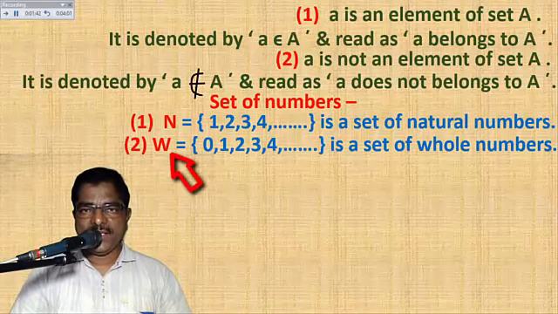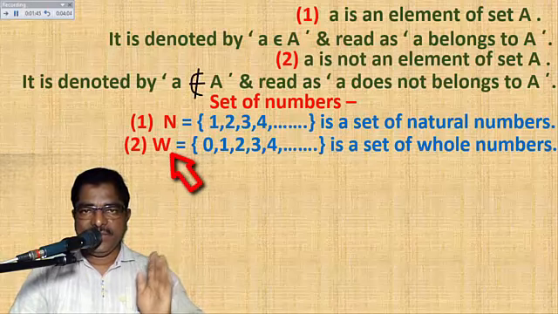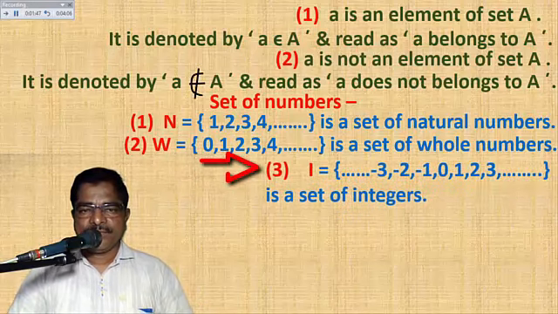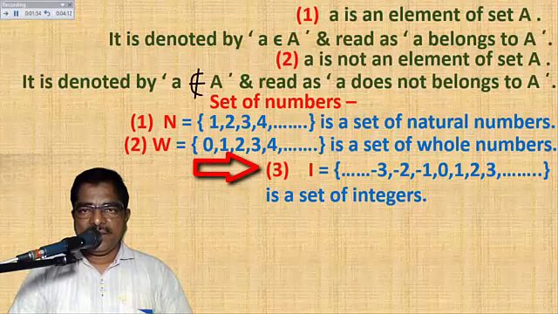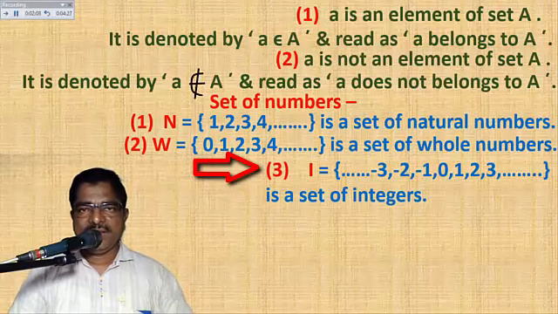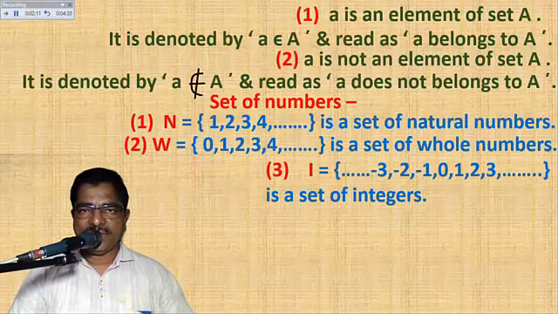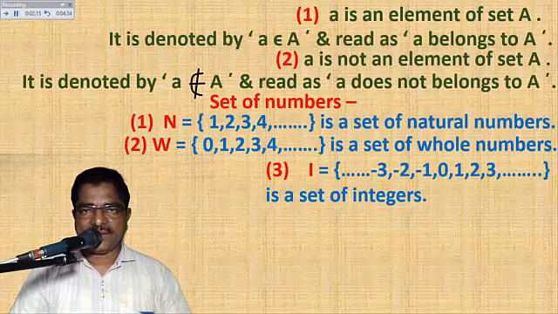Whole numbers are denoted by capital W. Third, capital I: in that collection, 0, 1, 2, 3 up to infinity, and on the left-hand side -1, -2, -3 up to infinity, and that collection is the set of integers.